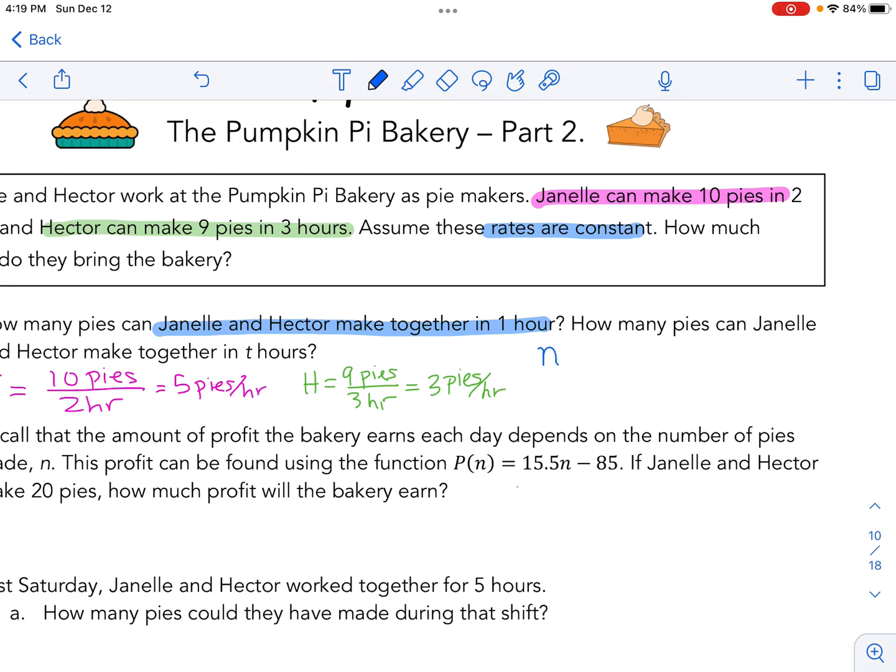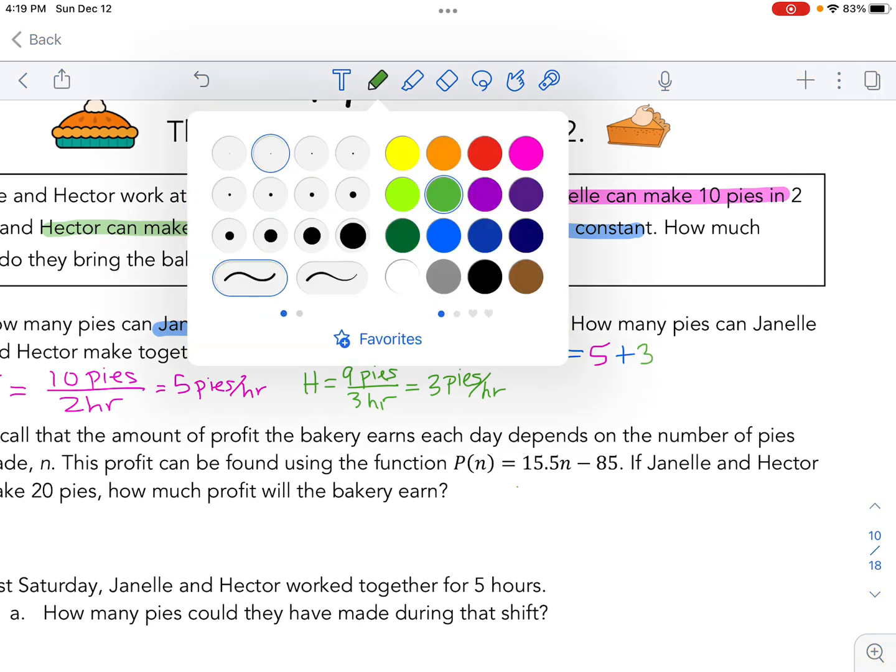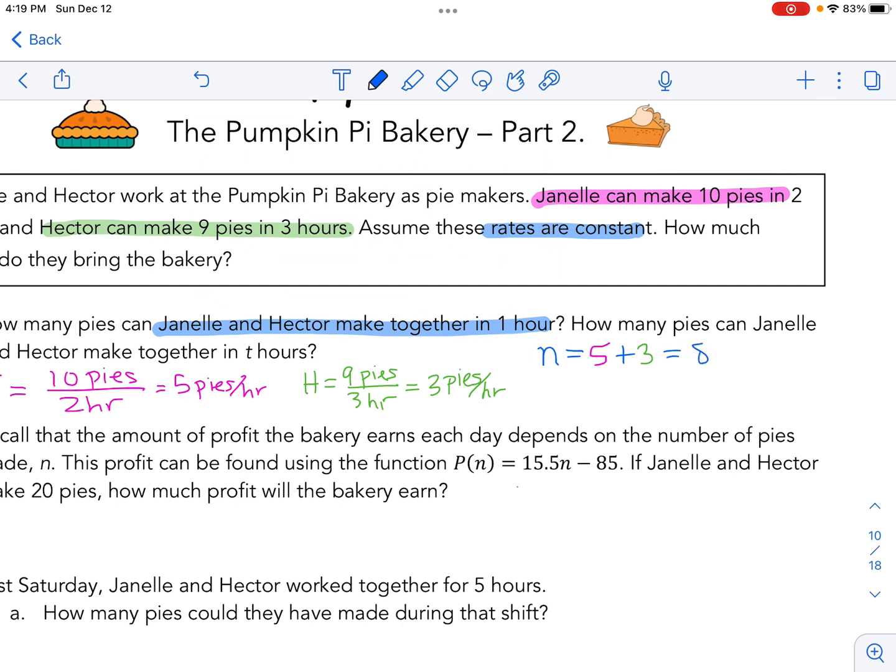So the number of pies, maybe we just call that n. The number of pies that they can make is going to be 5 plus 3. I'll do them in the same order that I figured them out initially. So 5 from Janelle and 3 from Hector in an hour.